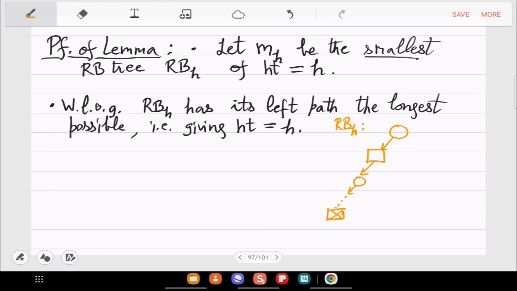So others you will save. On this path you cannot save. So this longest path has how many red and black? Let's make a statement about that.